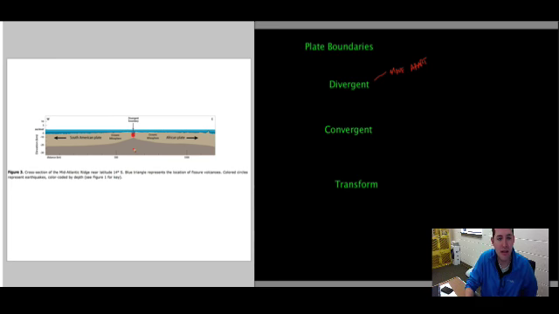Down here underneath is where we've got our mantle, and more specifically what we call the asthenosphere. You've got a lab that looks at the layers and a reading assignment that covers the asthenosphere as well. But when these plates move apart, that mantle or magma can come up and it can cool.